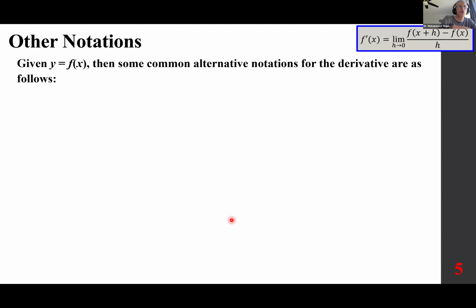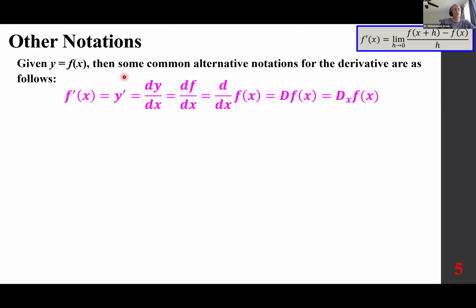And so other notations. Given y equals f of x, then some common alternative notations for the derivative are given as follows: f prime of x, y prime, dy dx, df dx, d dx of f of x, capital D of f of x, capital D sub x of f of x.